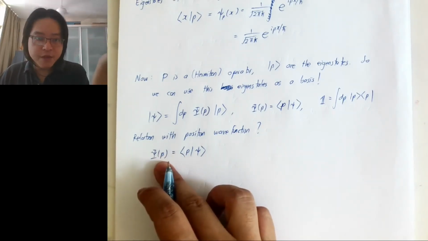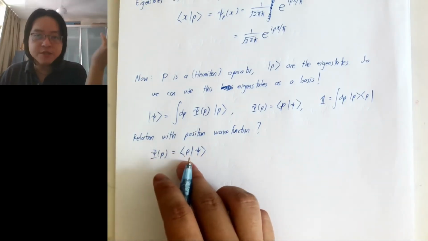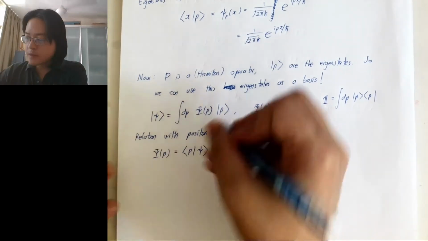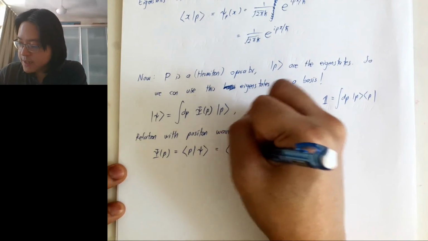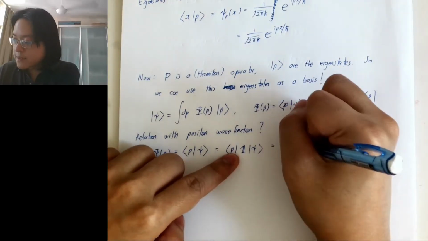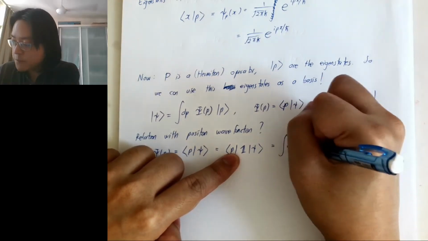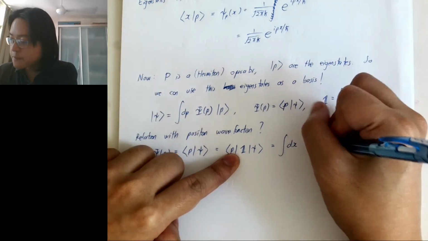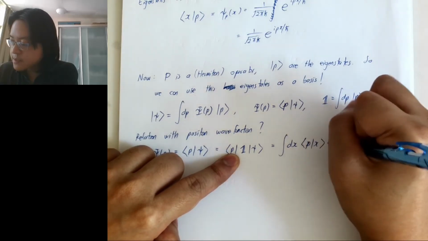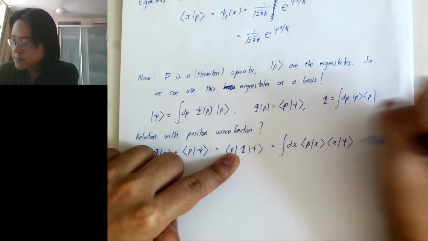So it's a complex function of p. If you input momentum, it will give you the output. But now, for no reason, I will say this is 1 times psi, and for 1 I will use the completeness relation for position, so the integral of <p|x><x|psi>.